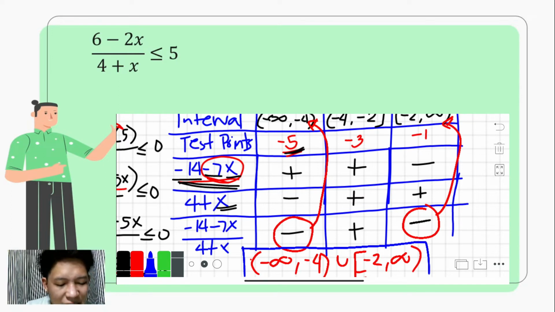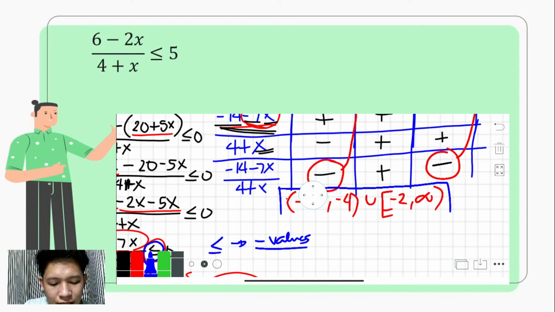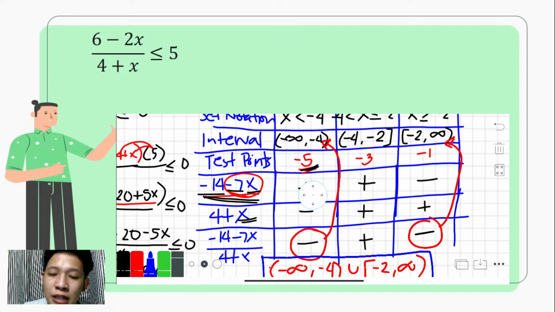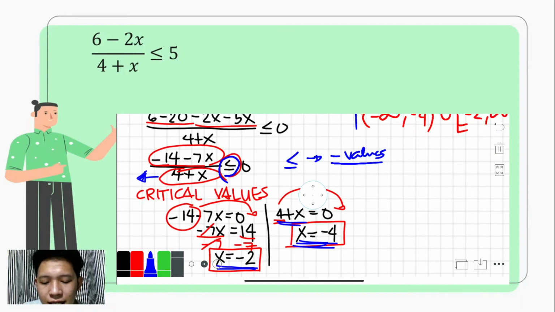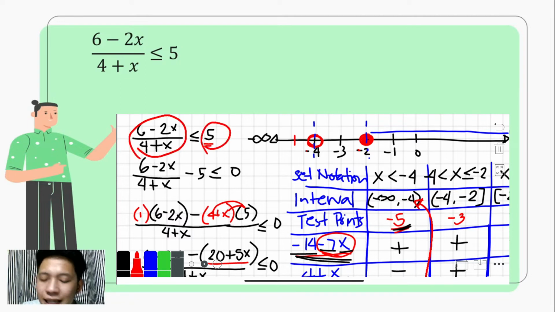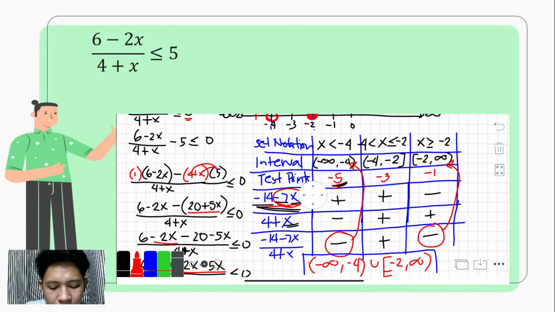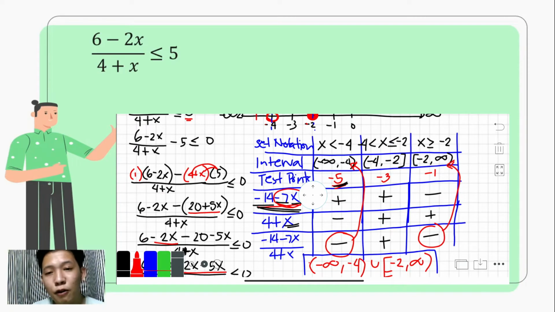So, kapag pumili tayo ng point dito sa ating solution, let's say for example, kunwari, negative 5, at sinubstitute natin siya dito sa ating original inequality, it should be less than or equal to 0. Okay, so ganun po yung kalalabasan niya. Alright, again, our solution for this inequality would be from negative infinity to negative 4 excluded, union, negative 2 included to positive infinity. Okay, so that would be for our first example.